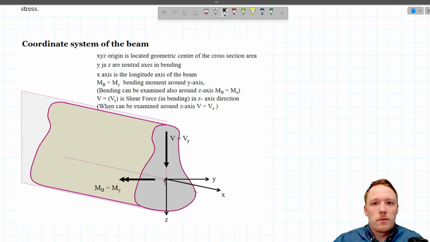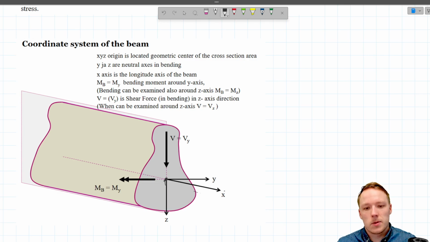Previously, when we were calculating pure torque or pure twisting scenarios, we were calculating load cases where the torque has been applied around the x-axis. But in the following scenarios, when we're talking about bending, the torque is no longer applied around the x-axis, but instead it is applied around the y-axis or around the z-axis.